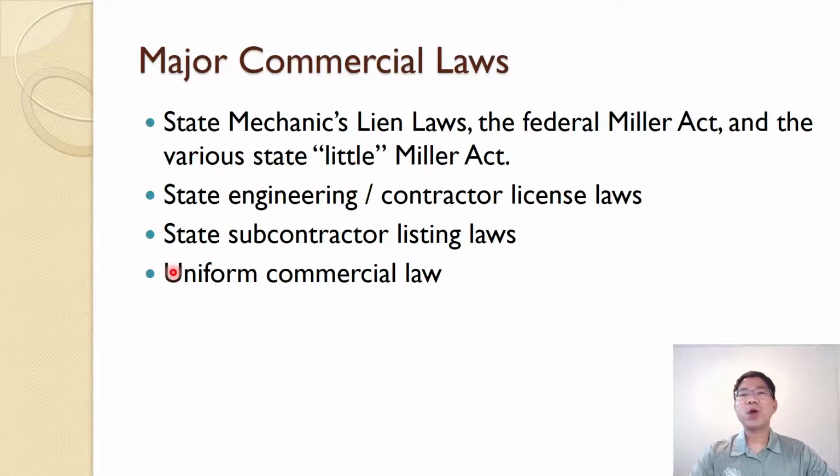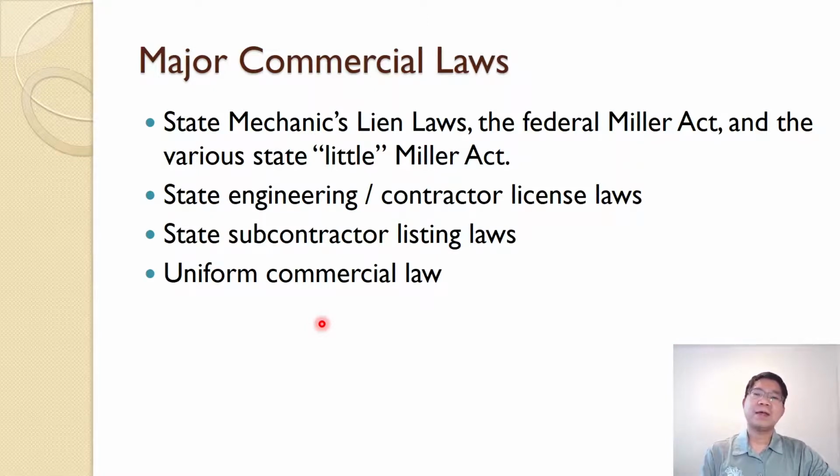The last point in commercial law that we are talking about is the uniform commercial law. You can see different states have different laws in terms of transactions. In our project in Florida, we may buy the material or the air conditioner from Ohio. We can buy the roof from California.